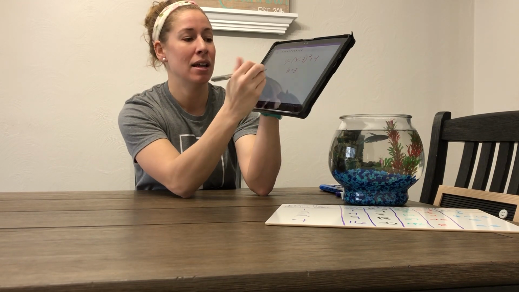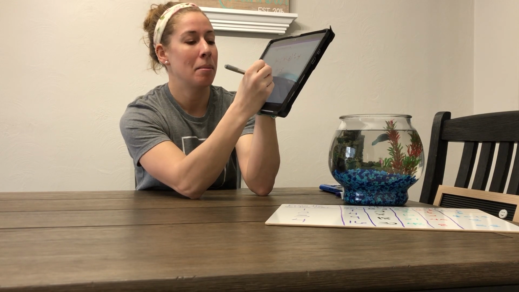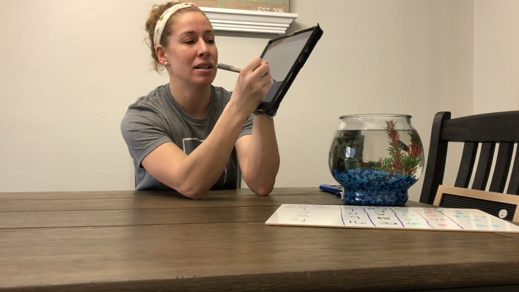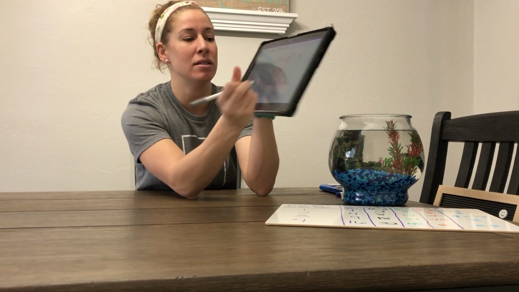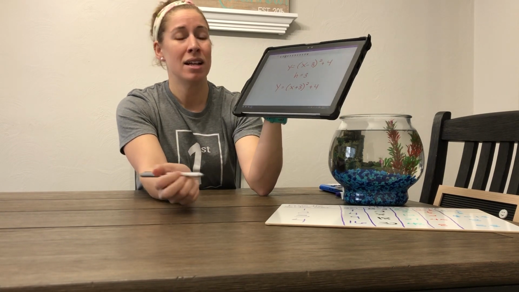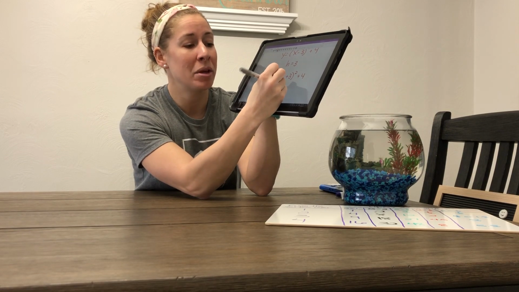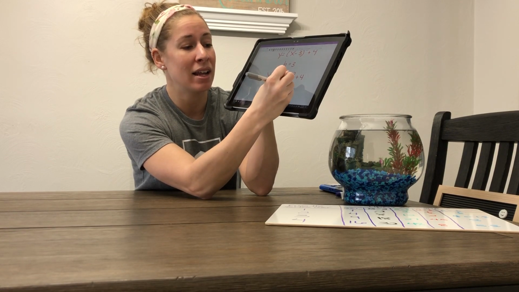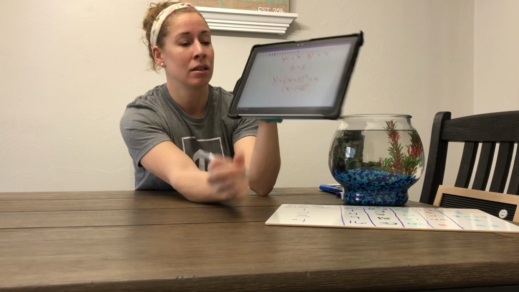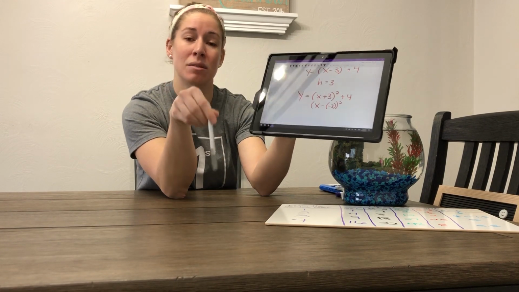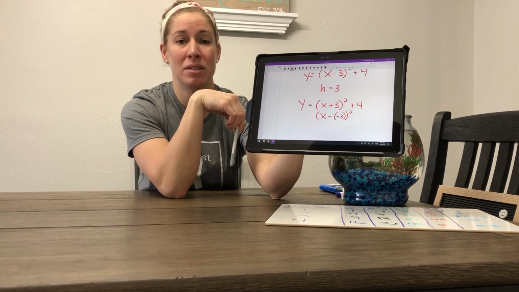But if it said x plus 3 inside that set of parentheses, then it's actually that plus sign came from it being x minus a negative 3. Because when you subtract a negative, you add the opposite.